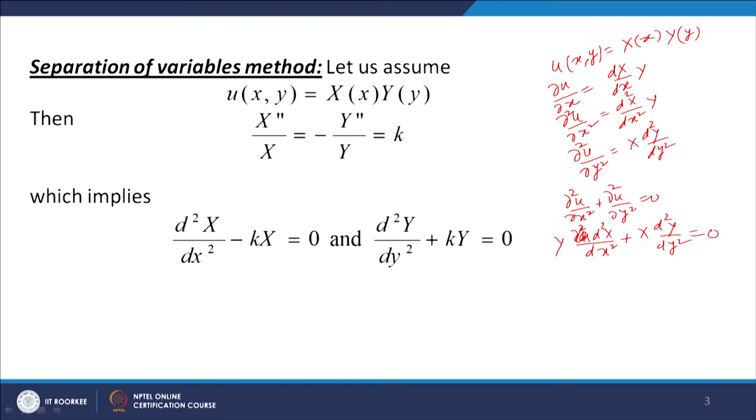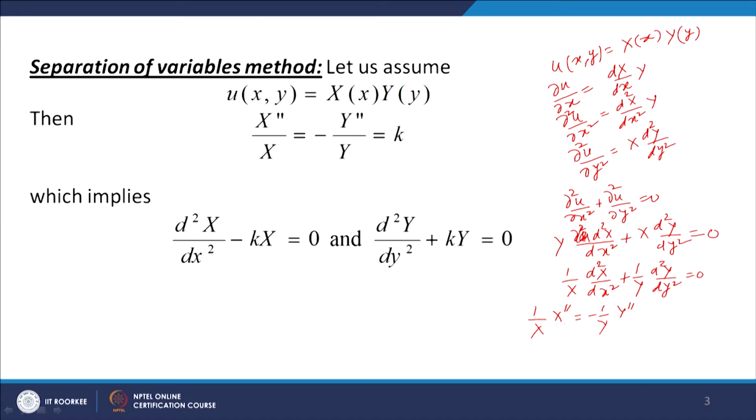We can divide this equation by X times Y and write it as 1 over X d square X over dx square plus 1 over Y d square Y over dy square equal to 0, or we can write it as 1 over X times X double dash equal to minus 1 over Y times Y double dash.